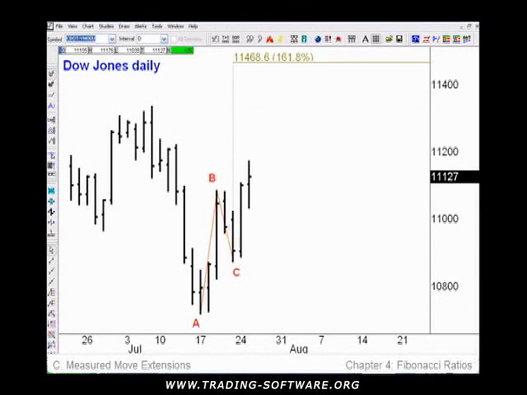Now remember, what we're doing here with Fibonacci measured move extension levels is trying to have an idea as to where price action may drop from, and that would be our point D. In other words, how far up above B coming off of C would price action be faced with a resistance level. And these are the several resistance levels.